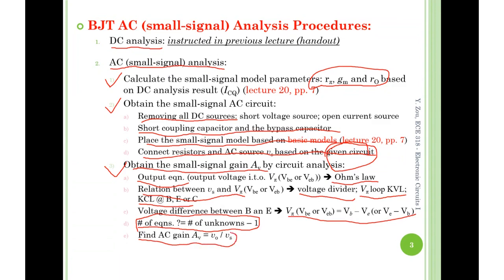What we need is the ratio between the output voltage and the AC input source voltage, which equals the voltage gain. This is the procedure. With the background and experience from the MOSFET, there's nothing difficult here for you. Shouldn't be. But we still need to go through examples.